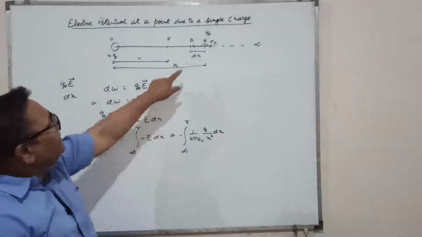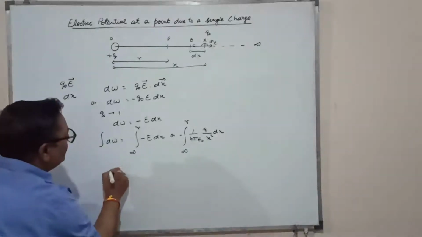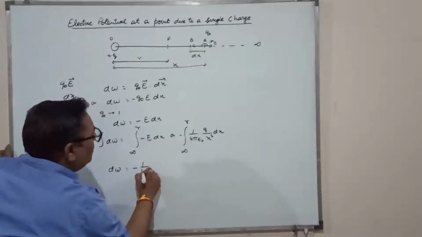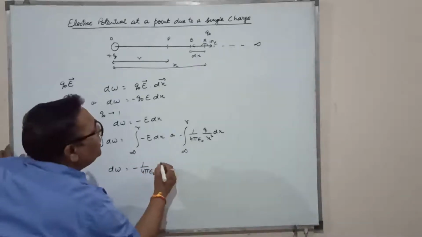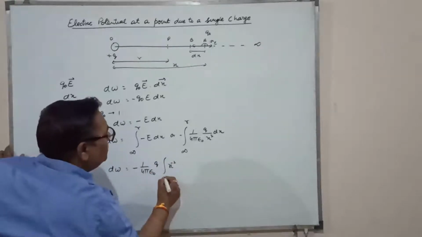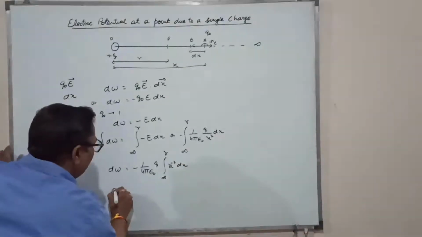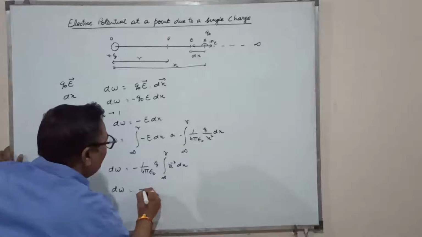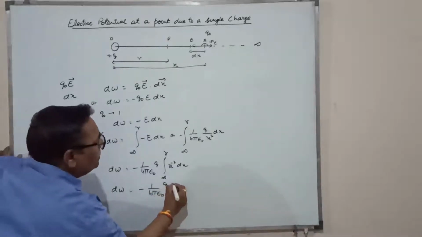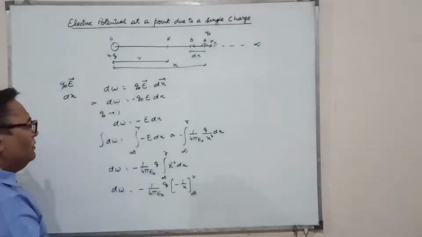The distance is x. And dW is equal to minus 1/4 pi epsilon 0 Q times the integration of x to the power minus 2 from infinity to r dx, and dW is equal to minus 1/4 pi epsilon 0 Q times minus 1/x from infinity to r.